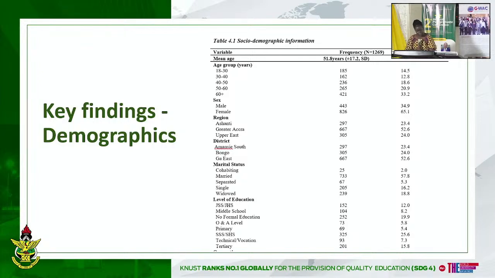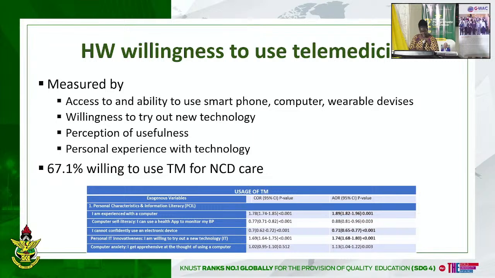We had a response rate of about 92%. There were more females, about 65%, and a proportionate distribution across the regions using their regional level sample size as a baseline.